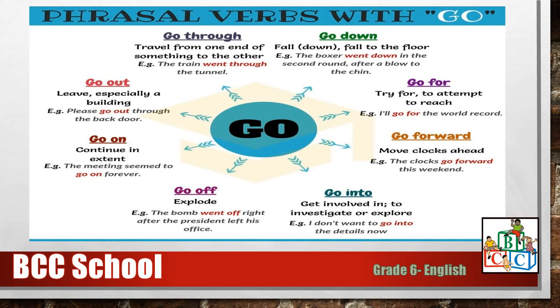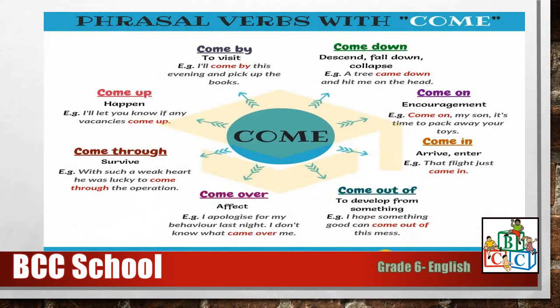Other examples of phrasal verbs with go are go down, go for, go forward, go into, go off, go on, go out. Some phrasal verbs with the verb to come are come by, which means to visit.